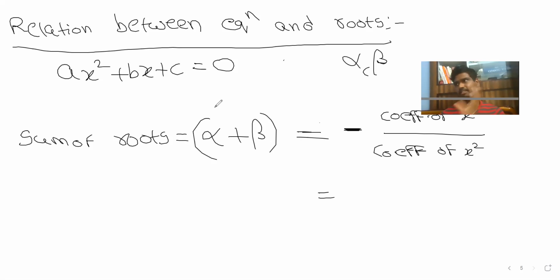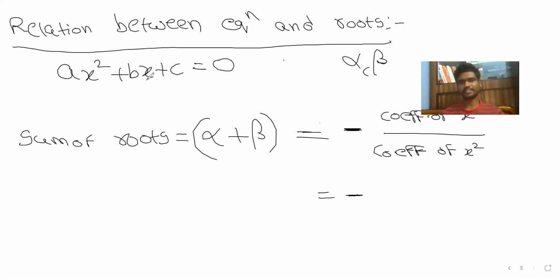Sum is nothing but addition of the roots, that is alpha and beta. So alpha plus beta is equal to minus coefficient of x by coefficient of x square. Now I can write it as minus.